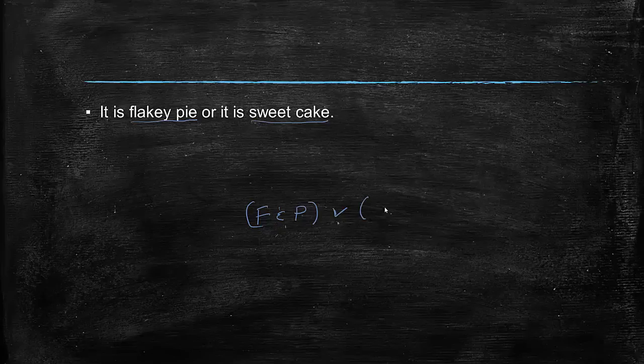So it is flaky and pie, or it is sweet and cake, and brackets around that.